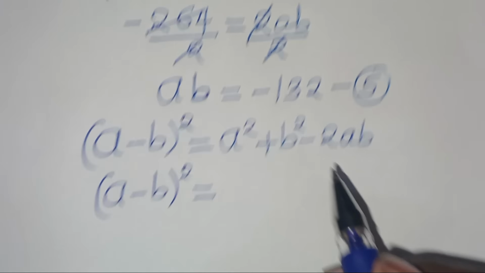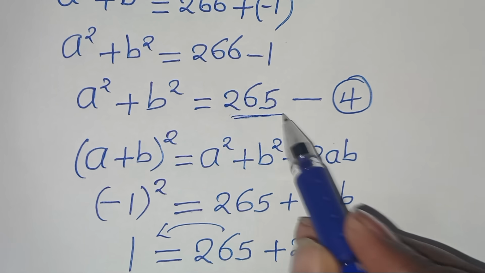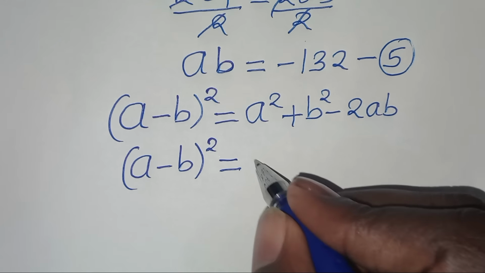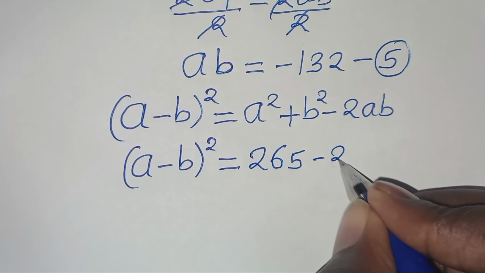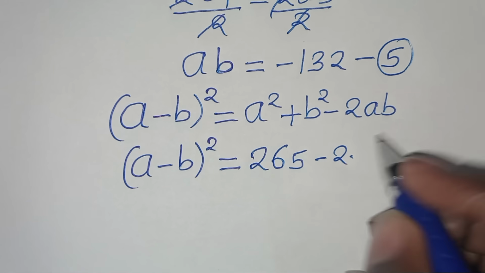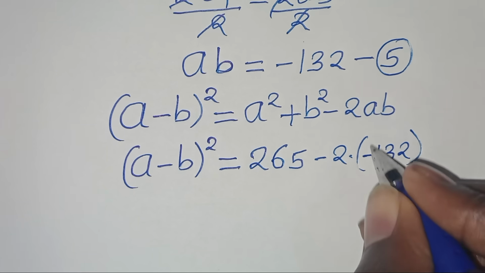This is what we have in equation 4 here, which is 265. So let's substitute 265, subtract 2 multiplied by ab. ab is in equation 5, which is negative 132.